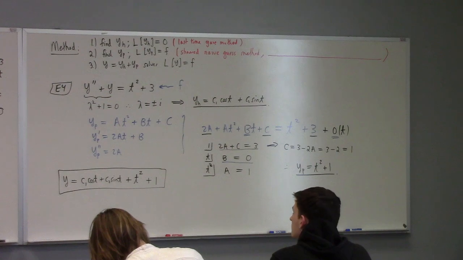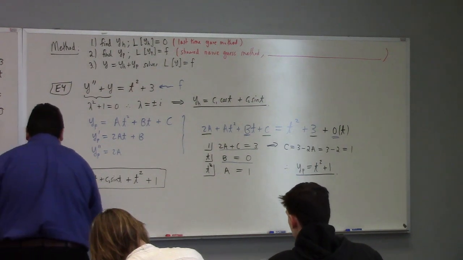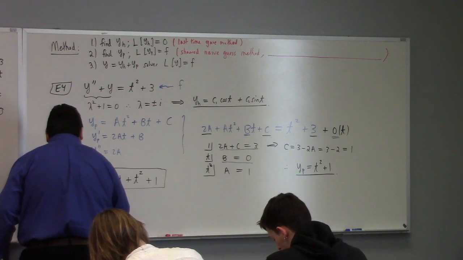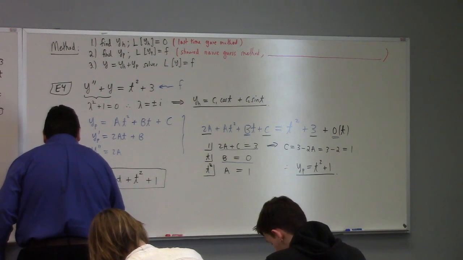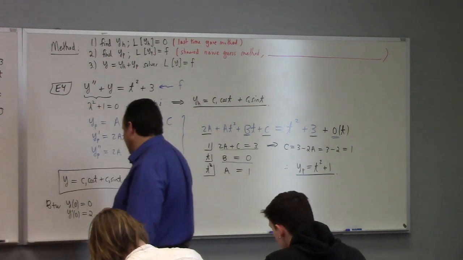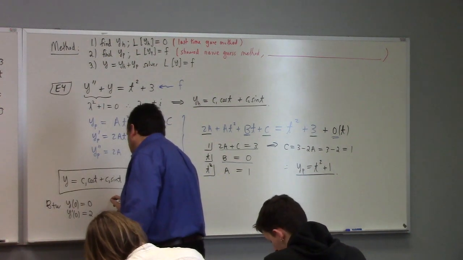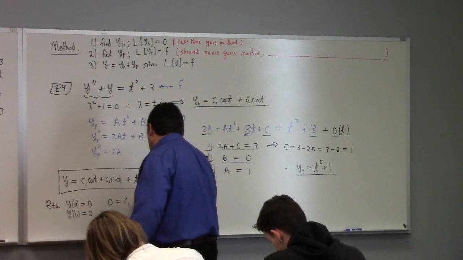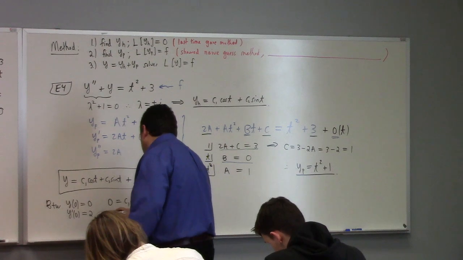So like if I told you additionally, by the way, y of 0 is equal to 0, and y prime of 0, I'll give you your 2, is 2. All right? Then that gives me 0 is equal to C1 times cosine of 0, which is 1, plus 1.